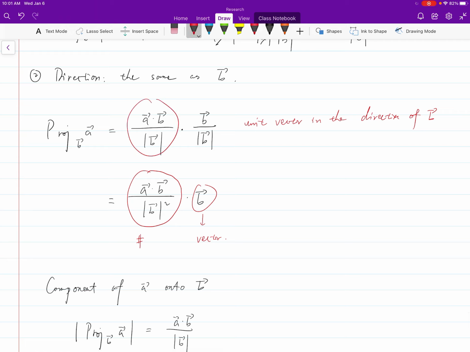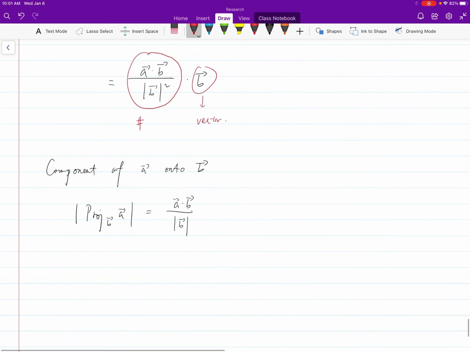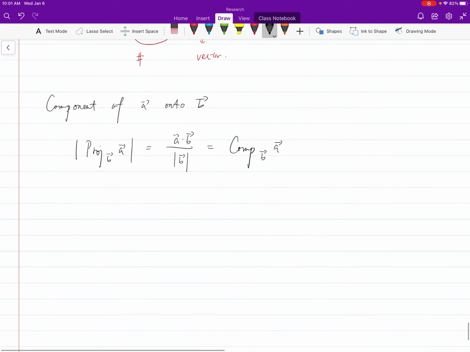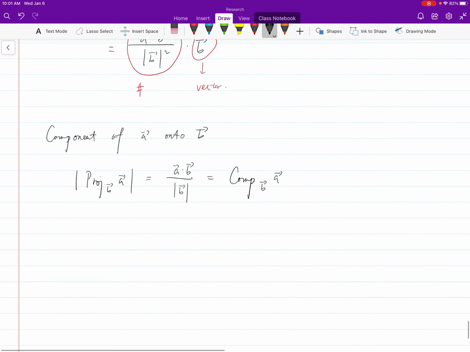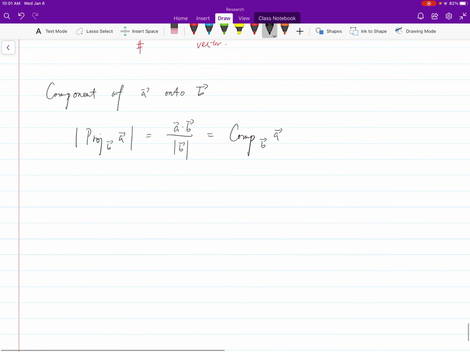So do you have the projection or do you have the component? It really depends on, are you just caring about how long the vector is, or do you also care about the vector? So same thing.